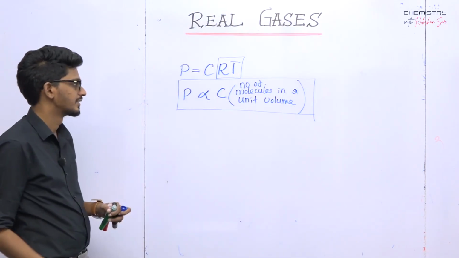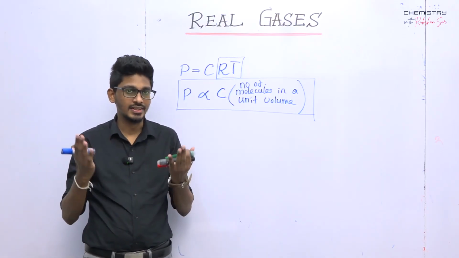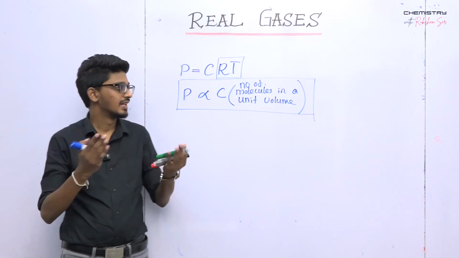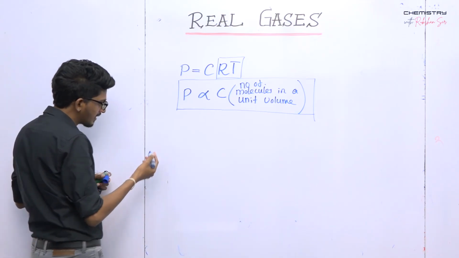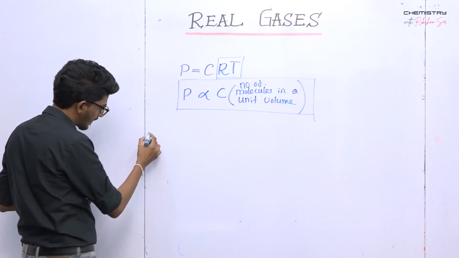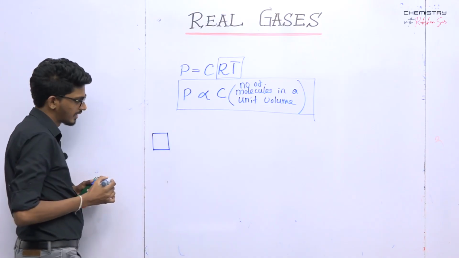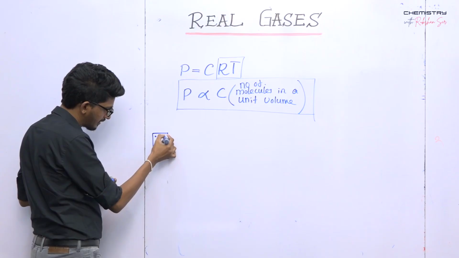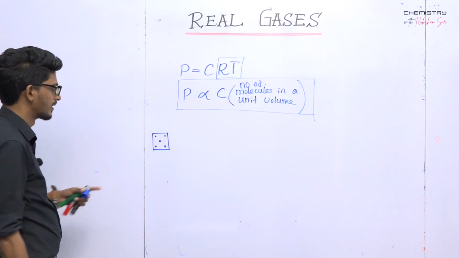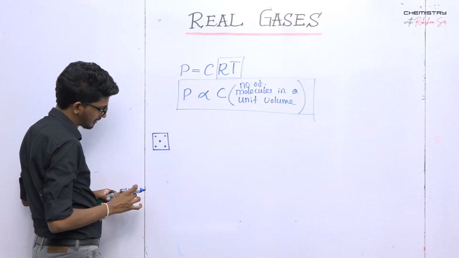See how we can use this to confirm that real gases will behave ideally when the pressure is very low. Let's consider two systems. In one system, the volume is very low, but you have, let's say, 5 real gas particles.